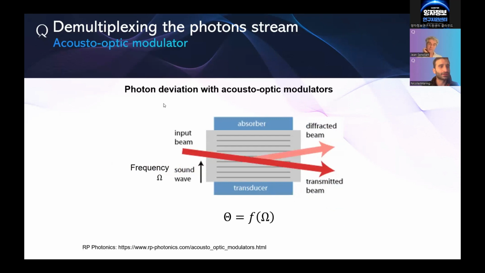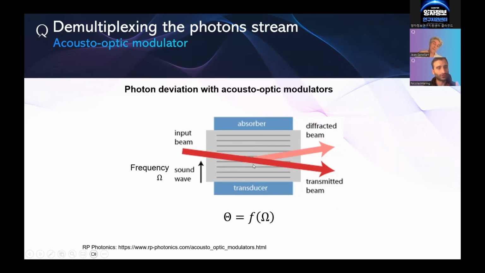I can give you the example of what we use. We used in Ascella. This is an acousto-optic modulator. Basically, this is a crystal in which you send a very fast sound wave at approximately 200 megahertz. And this sound wave will give you a grating with oscillation of the refractive index in the crystal, and which will diffract an input optical beam.